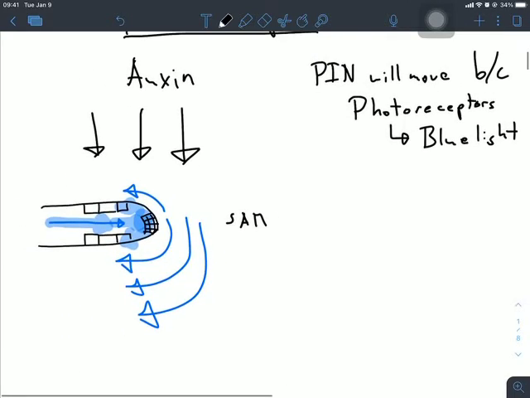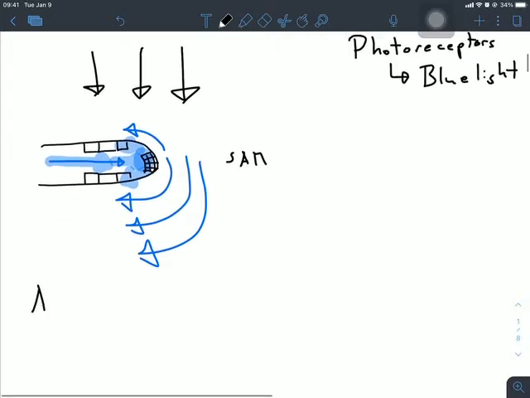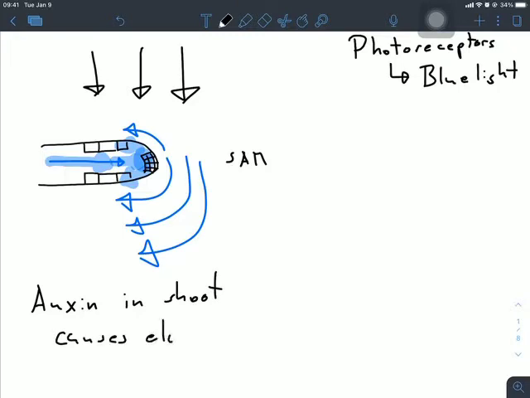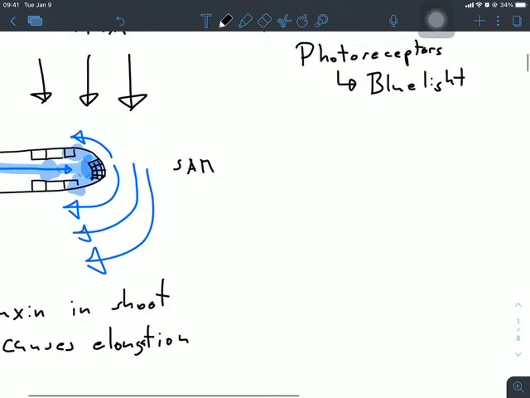When the location where the blue light is coming from changes, the auxin gradient will change, causing cells in the shoot to elongate. And so what does this look like?